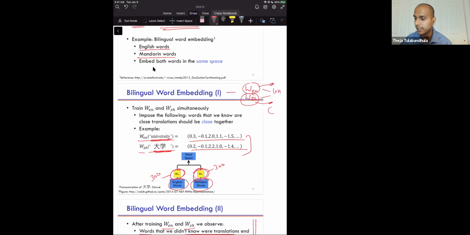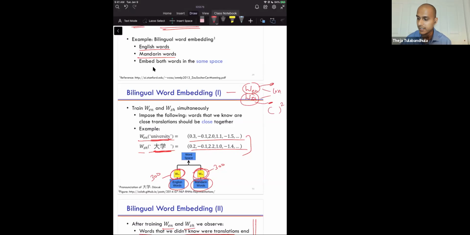Maybe you can just use a squared loss, some distance measure for the distance between two vectors. Let's say you have some word pairs which are translations of each other. That would be your training data.